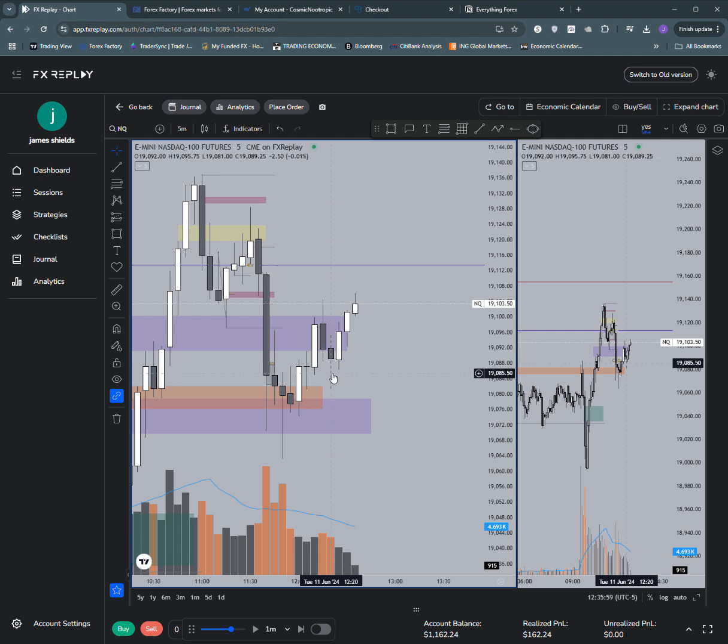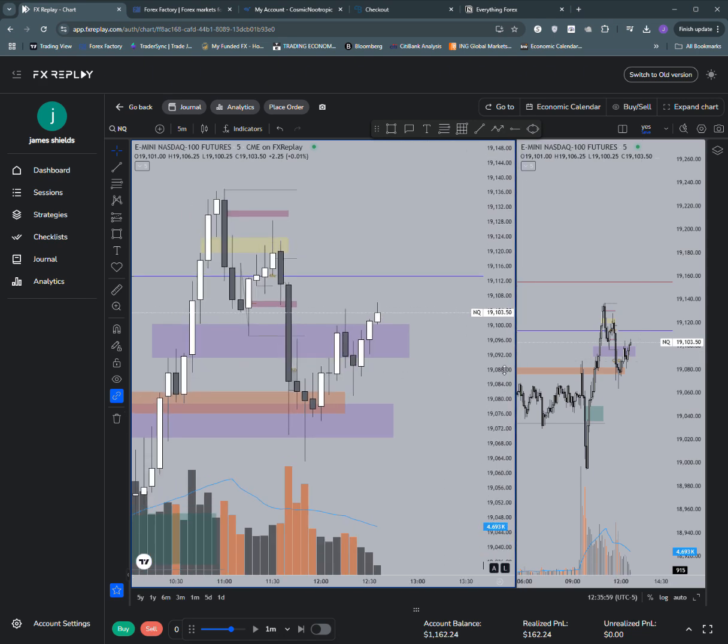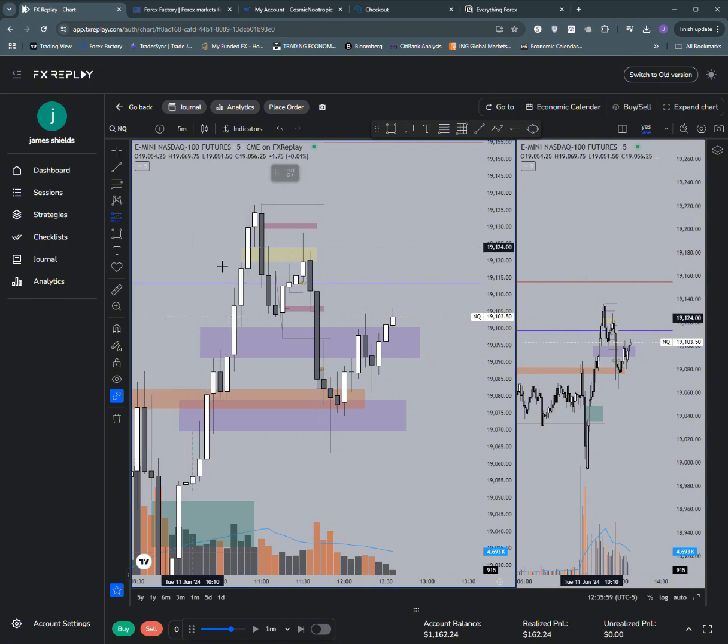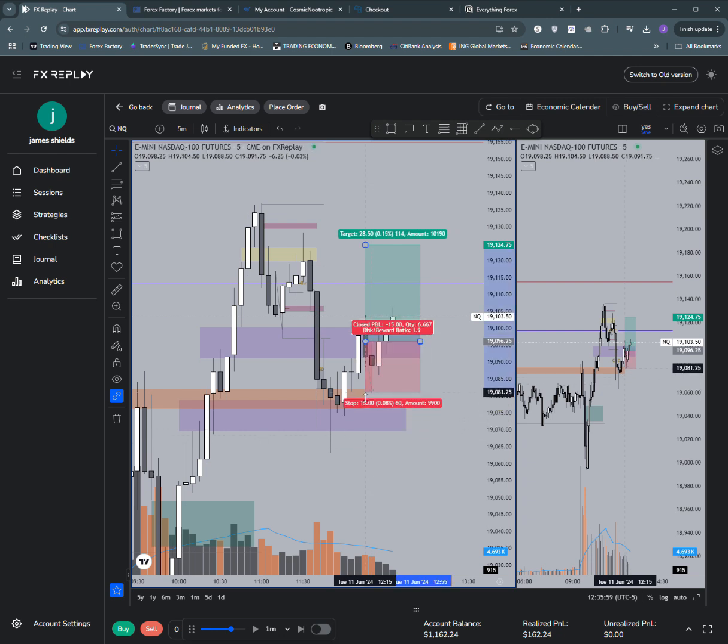Whoa, 12:15. Reload. It creates a swing here. So when that happens, this is a confirmed swing. Risk below here. Something like that.